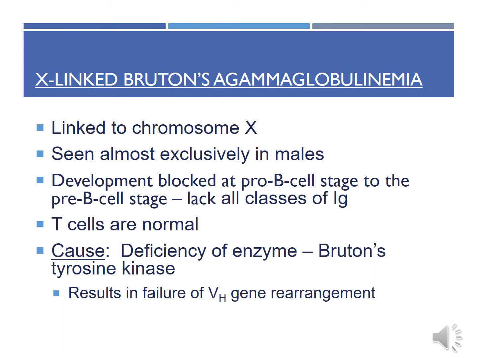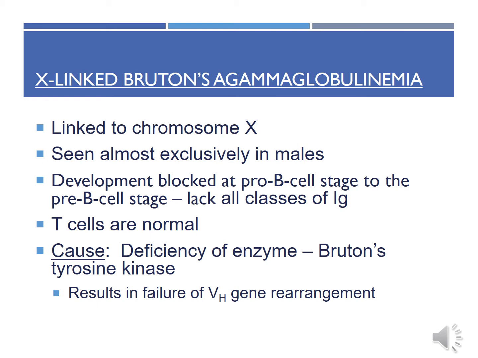The first primary immunodeficiency on our chart is X-linked Bruton's agammaglobulinemia, and this is linked to the X chromosome, so it's almost seen exclusively in males. In this immunodeficiency, our T cells will be completely normal, adequate functioning T cells, but the development from the pro-B cell stage to the pre-B cell stage is blocked.